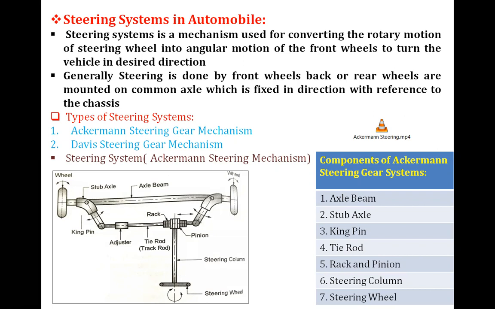Types of steering system. There are two types of steering system: Ackermann steering gear mechanism and Davis steering gear mechanism. Look at this picture showing the Ackermann steering mechanism. The components of the Ackermann steering gear system are the axle beam, stub axle, kingpin, tie rod, rack and pinion assembly, steering column, and steering wheel.